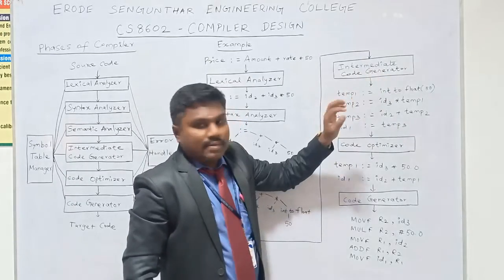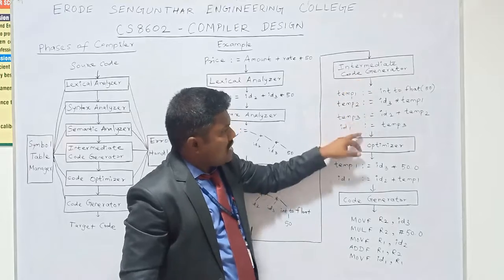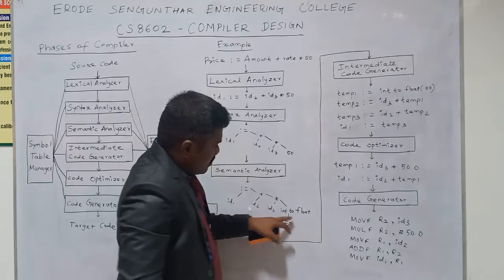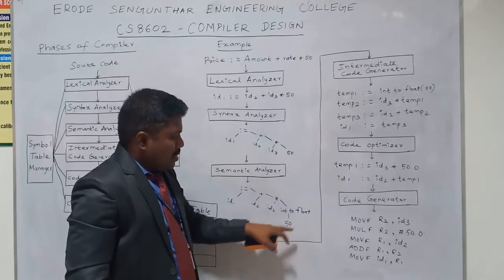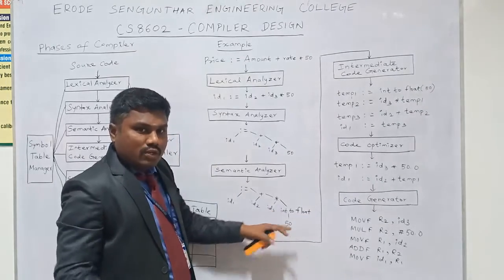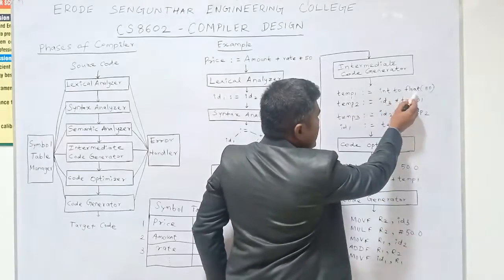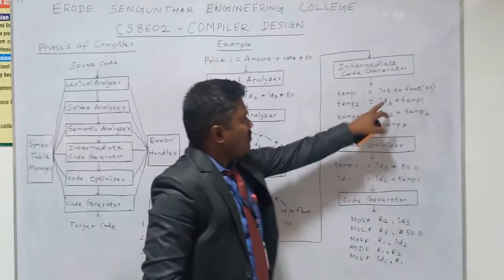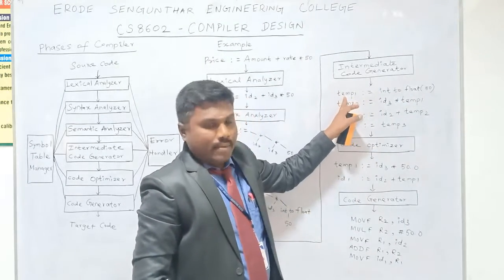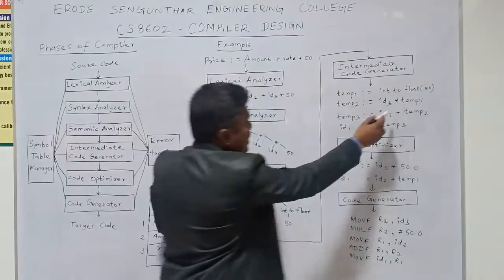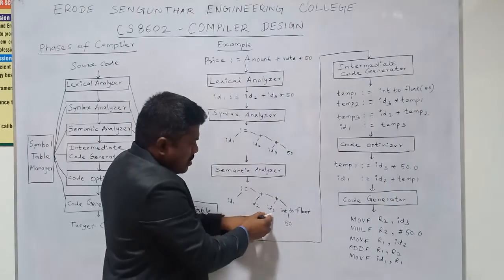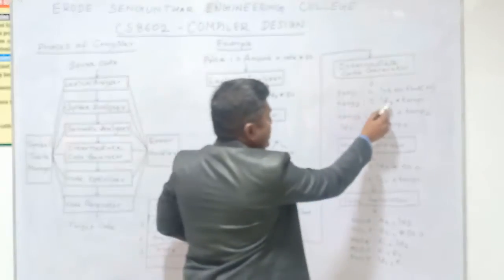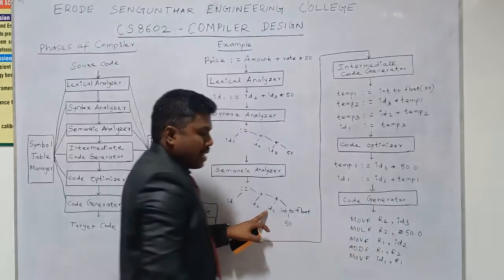Intermediate code generator generates the intermediate code like this. For example, to convert into float or real, we need to convert this integer value 50 to real. So into real of 50. After converting this integer value 50 to real, we are storing this value into temp1. Then temp1 star id3, this full portion we are detecting as temp1 star id3, is assigned to temp2.